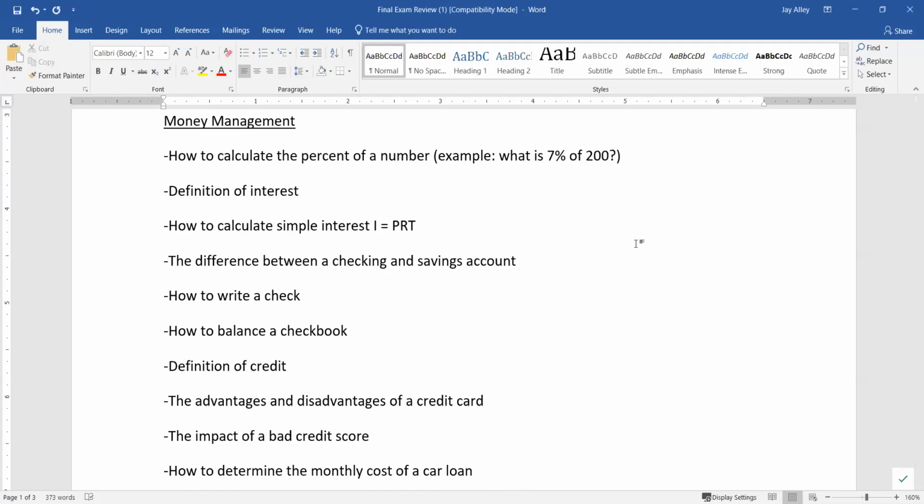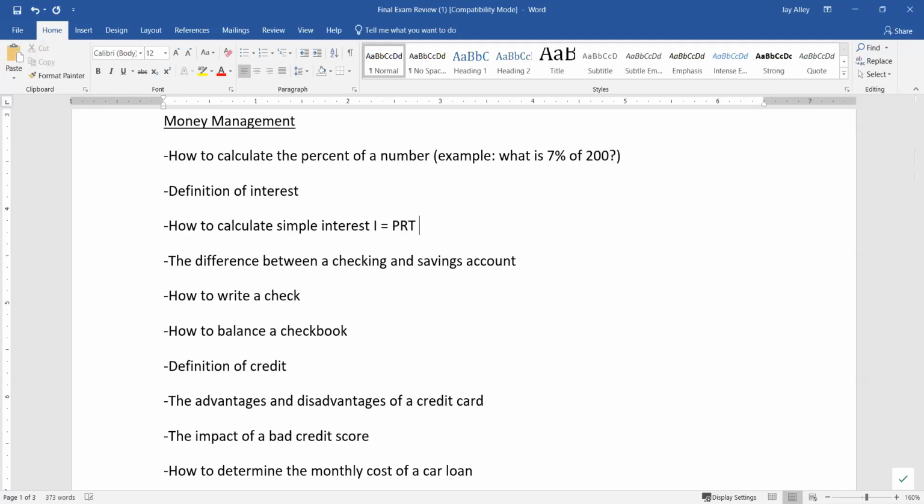What's the PRT stand for? Principal rate, time for years, something like that. Exactly right, Ruth. Very good. Good job. Principal times the rate, which is usually a percentage, times the time in years. That's going to give you how much interest you're going to be charged.